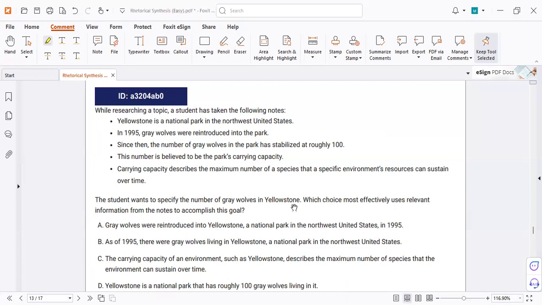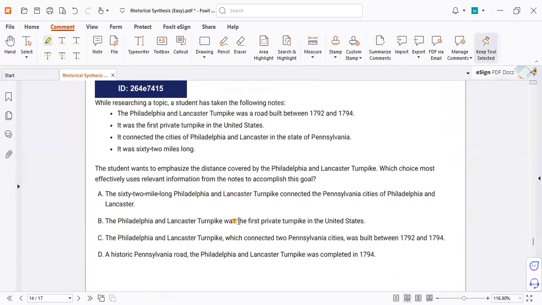So it is letter D, of course. Why? He said specify. Specify means make the number specific. See, he makes it clear what the number is. You see a big number of something, but what is it exactly? So specify. Okay.